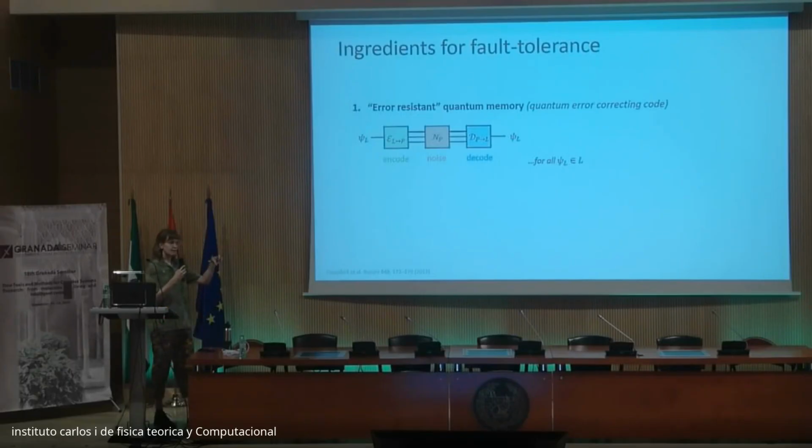This state lives in a protected code subspace of a much larger dimensional Hilbert space. So when noise occurs at the physical level, by doing some sort of clever measurement, you can detect, and in the end correct for those errors. Ideally, you want to be able to do this for all states of the logical system.